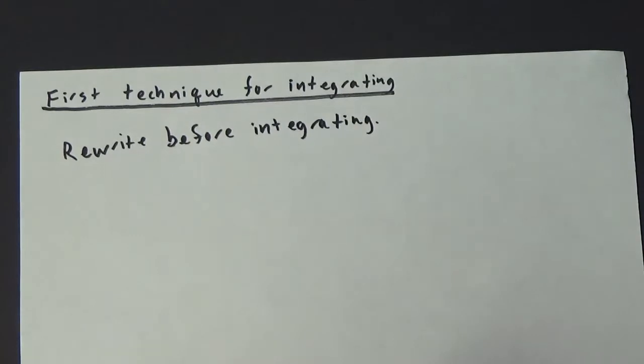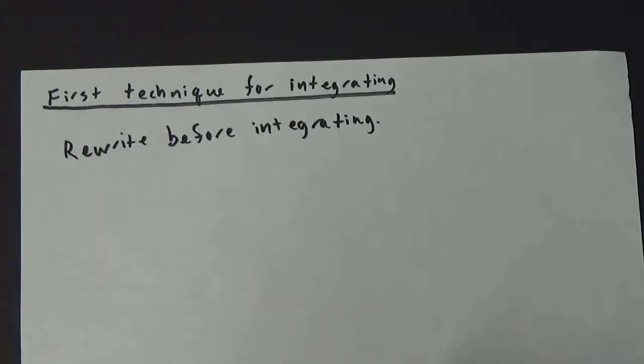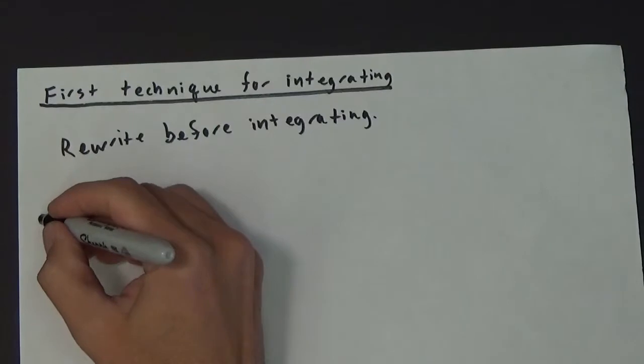It is pretty amazing how often something that you can't integrate can really be simplified by just rewriting it, and voila, you can integrate it. So always keep this one in the back of your brain as something that you might want to try first. So let's look at some examples.